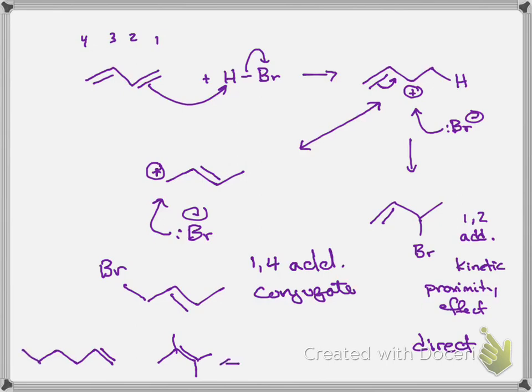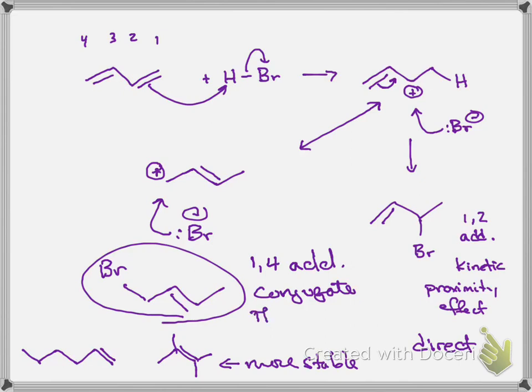It turns out this double bond's more stable. And the more internalized the double bond is, the more stable it is. So the more alkyl substituents it has, the more stable it is. So this double bond turns out to be a more stable product. So this is actually known as the thermodynamic product. It's the more stable of the two products that you can form because of that double bond.